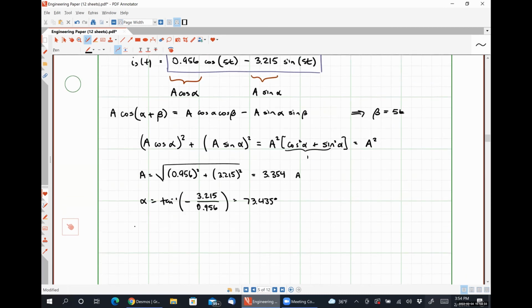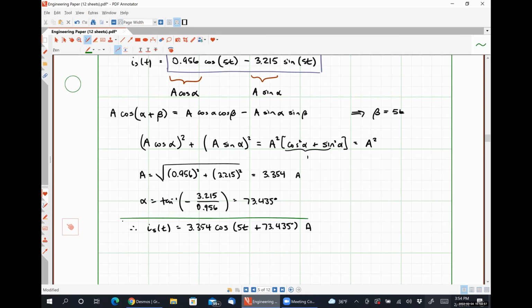And from this, i_S of t is 3.354 cosine 5t plus 73.435 degrees amps. I'm going to put a green box around this.